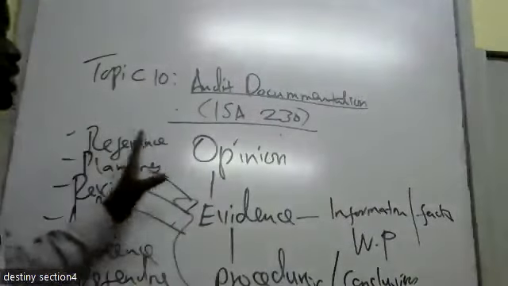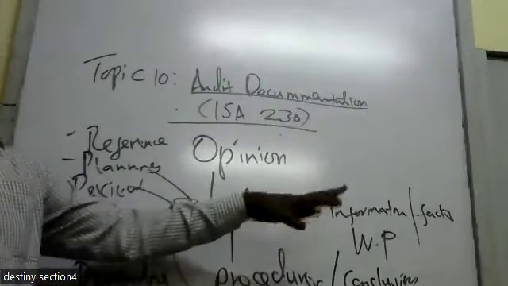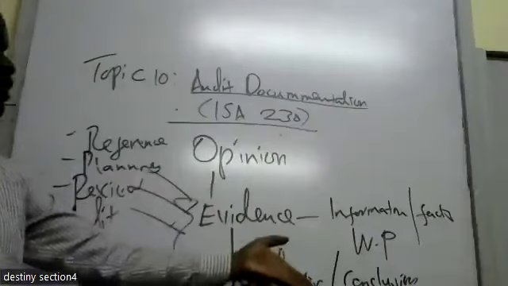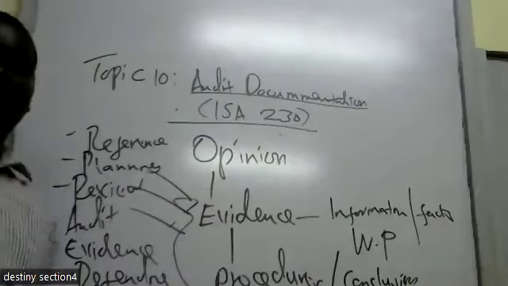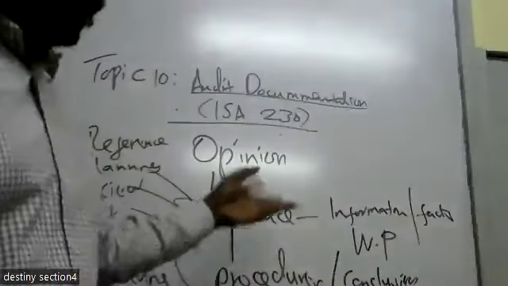So they have a responsibility of documenting all important or material information and facts that they come across. These working papers can be in physical form or in electronic form. Nowadays people use technology, so much of the documentation is in electronic media.